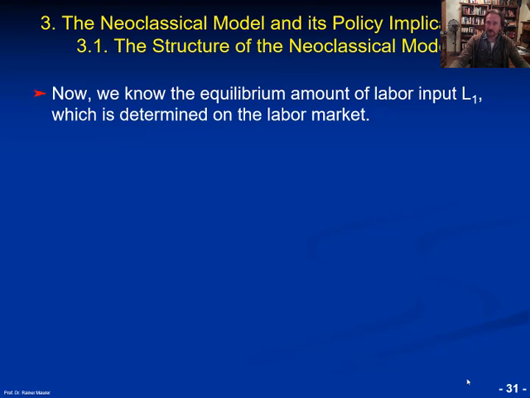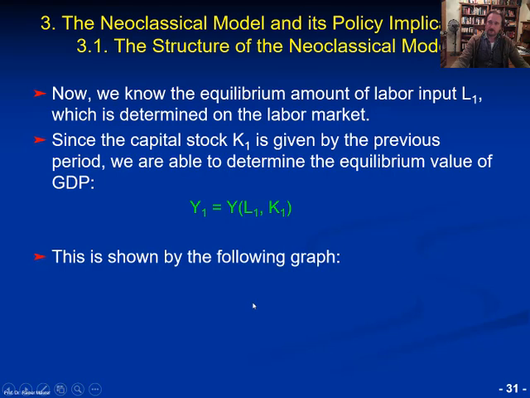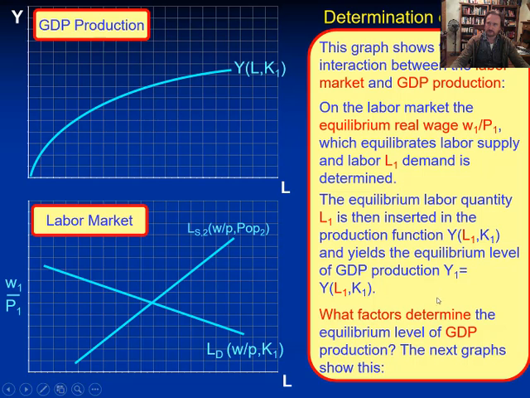Now we know the equilibrium amount of labor input, which is determined on the labor market. Since the capital stock is given by the previous period, we are able to determine the equilibrium value of GDP. This is shown by the following graph. This graph shows the interaction between the labor market, here in this diagram below, and GDP production, here in this diagram above.